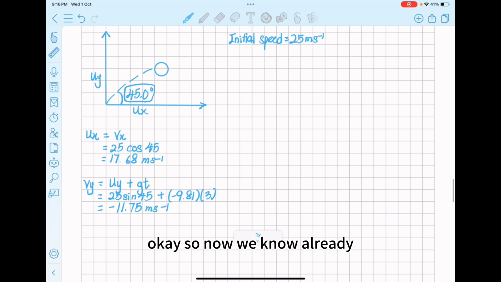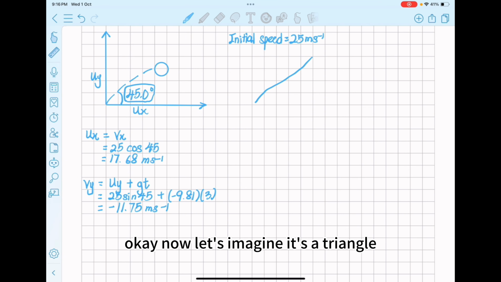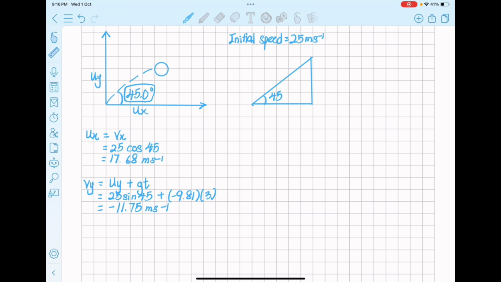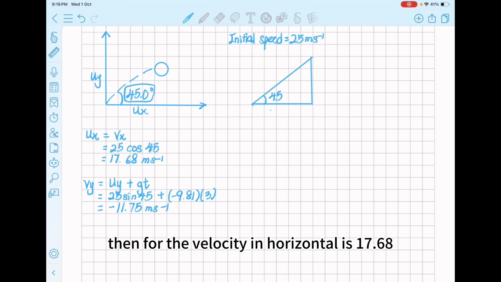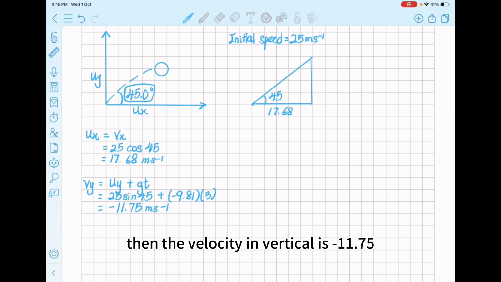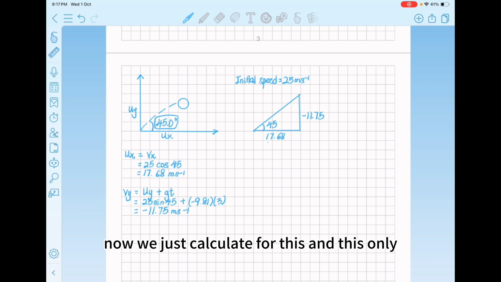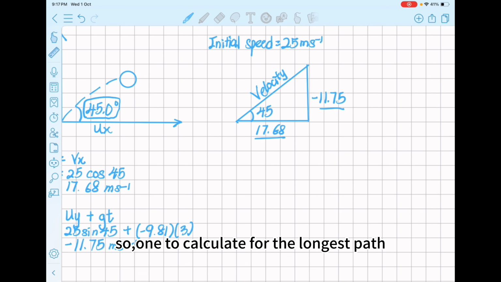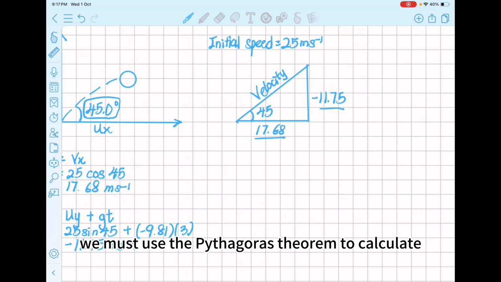Now let's imagine it as a triangle. We have the angle 45, the velocity in horizontal is 17.68, and the velocity in vertical is negative 11.75. The longest side is the resultant velocity, so to calculate it we use the Pythagoras theorem.